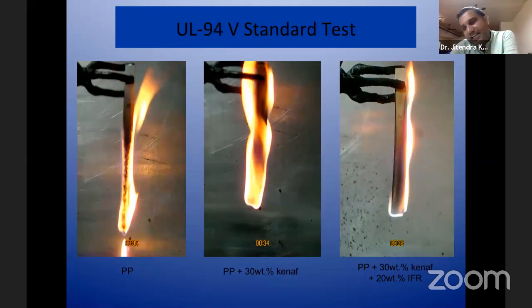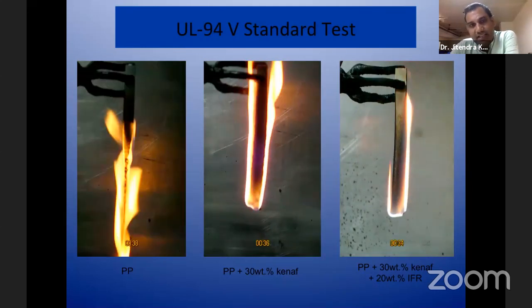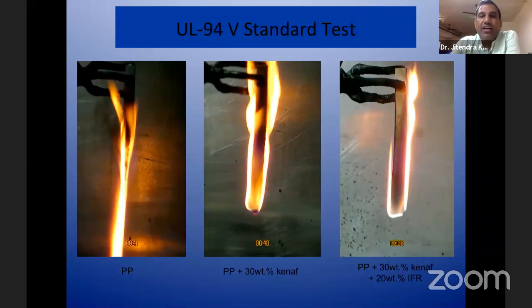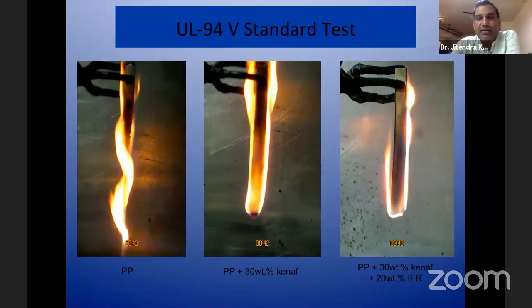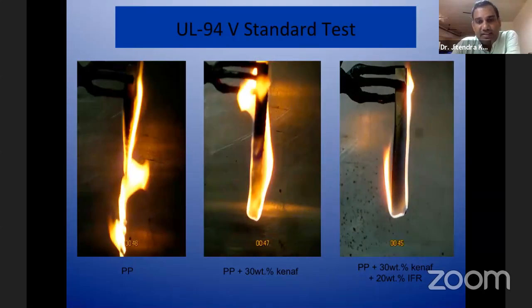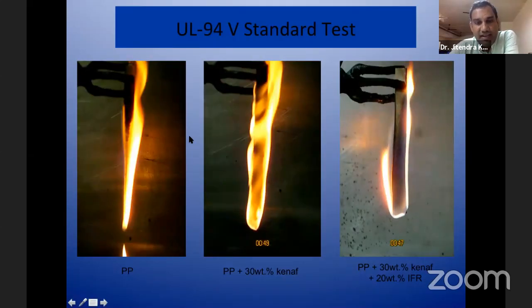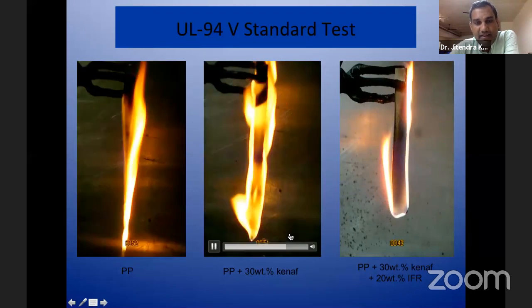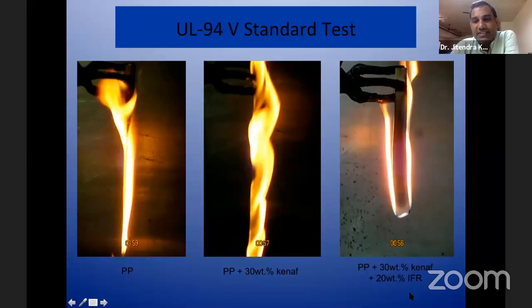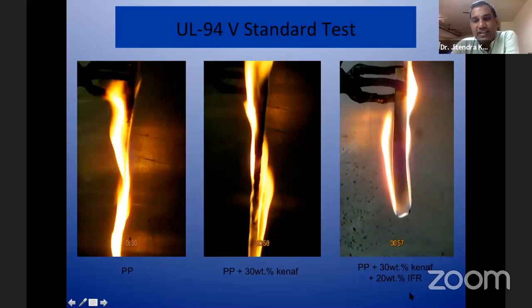That's why the flammability test of the aircraft interior or other parts is very important. So this is the UL94B standard test. You can see after this it will drip one by one and finish. Even though this test is basically for 60 seconds only, that is the case.